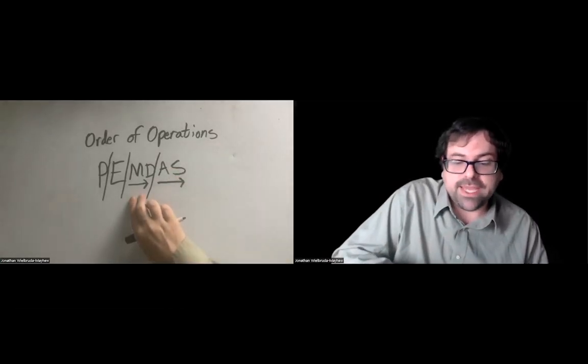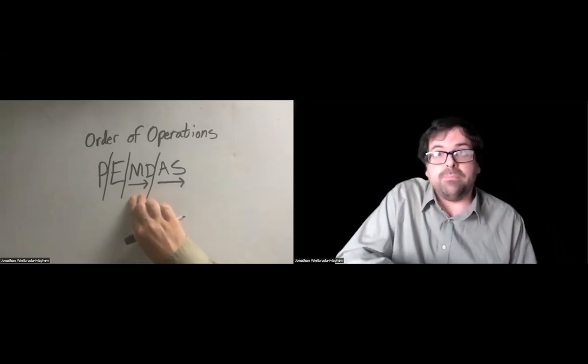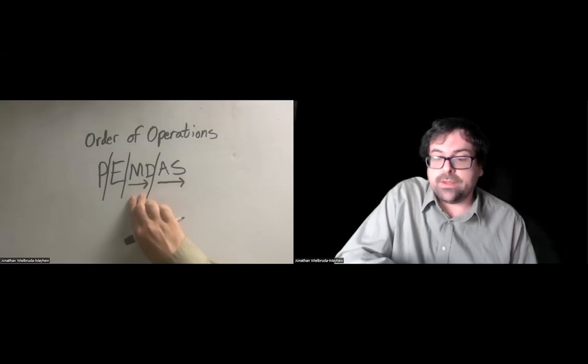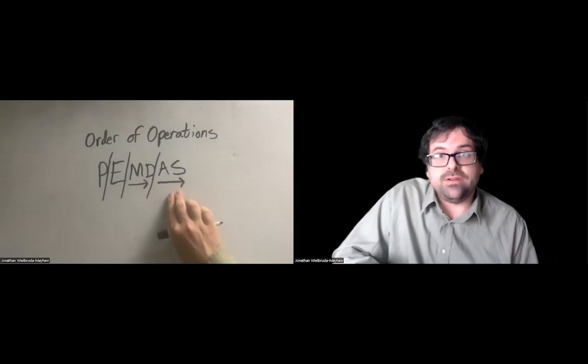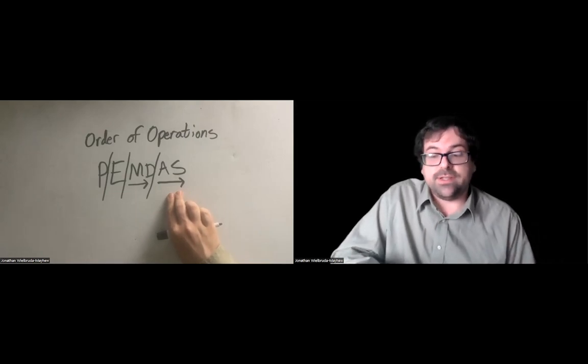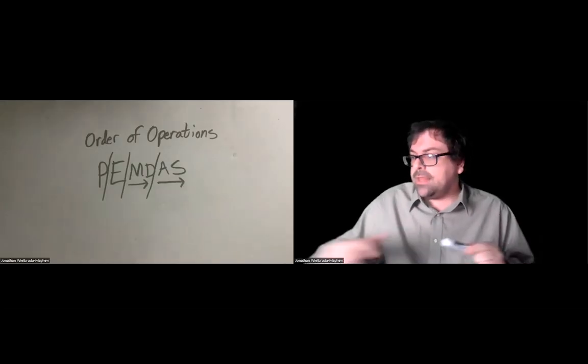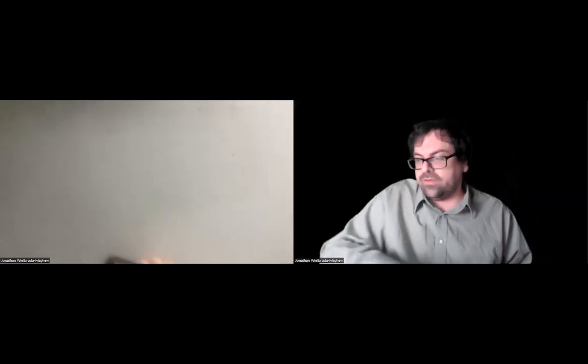Once again, the multiplication and division is left to right as you come to it. Division might come before multiplication if it's first. Addition and subtraction, left to right as you come to it. Subtraction might come first. Let's do a bunch of problems now involving the order of operations.